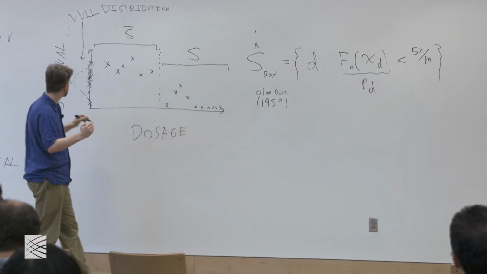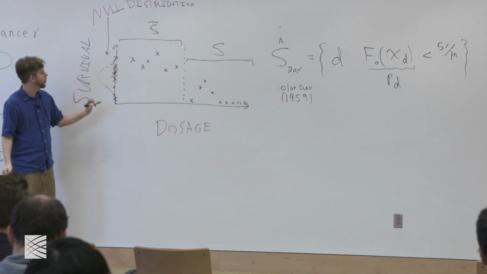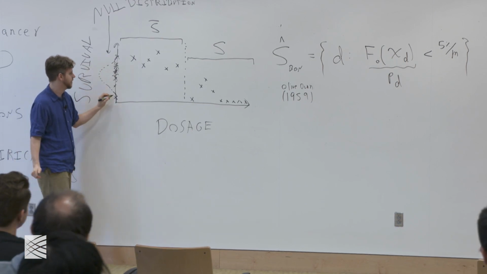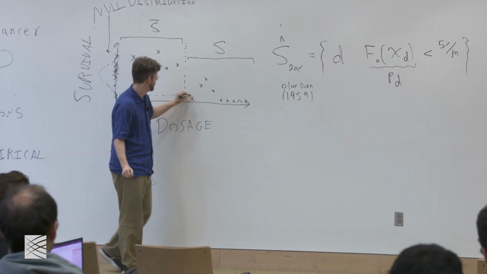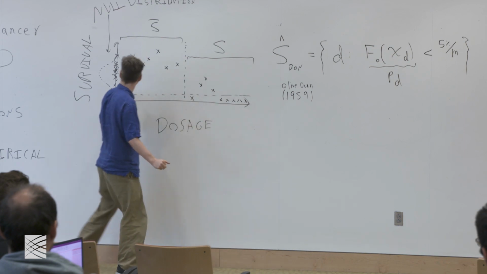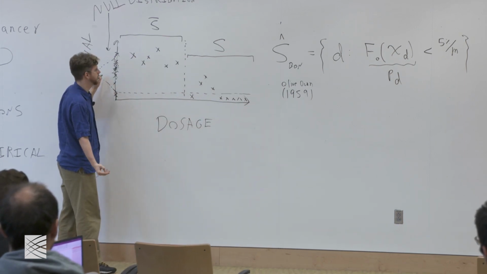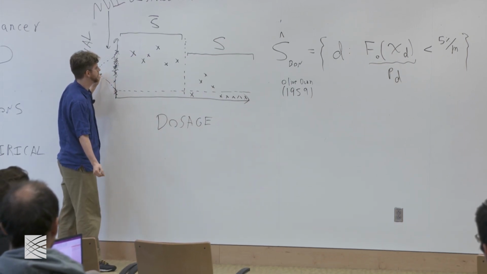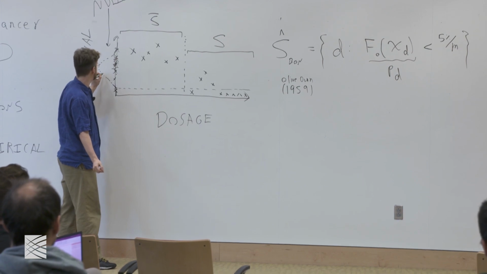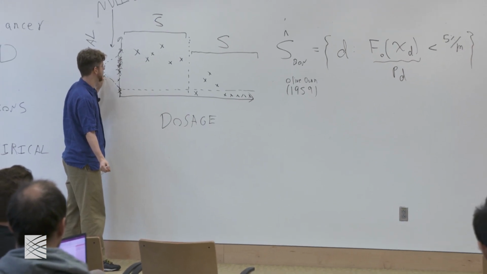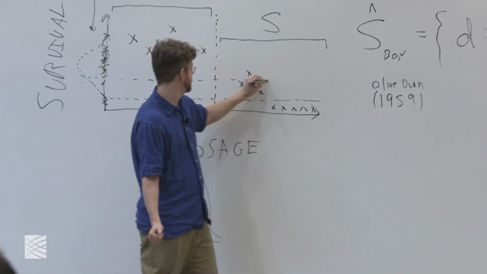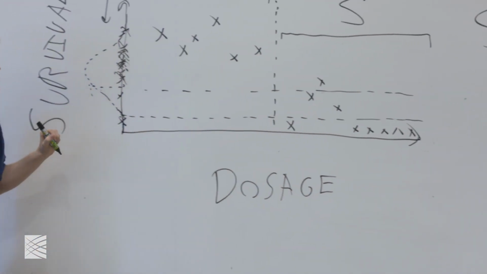Basically, we're going to look at this null distribution and find the 5th percentile of it. Say the 5th percentile is here. This is not drawn to scale.